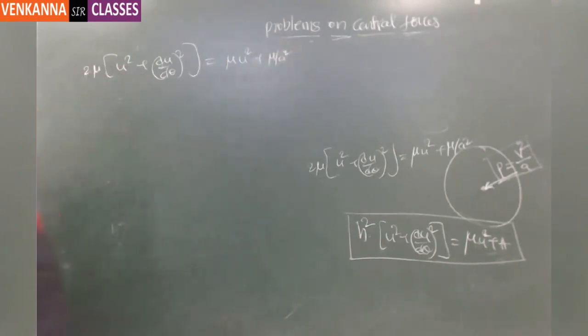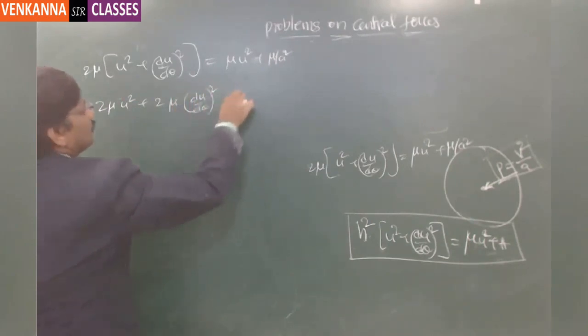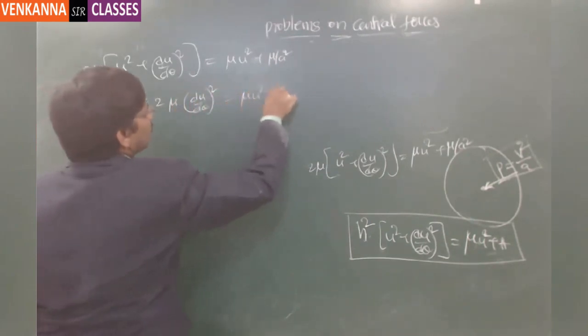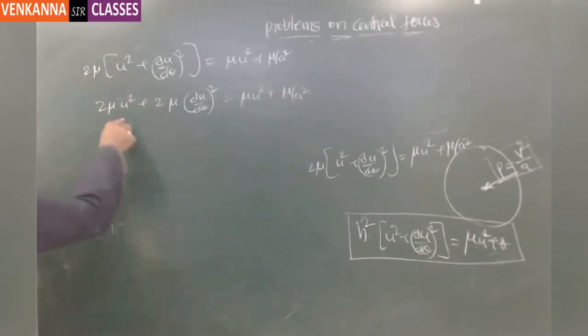So this is the differential equation. Now from this, 2 mu u square plus 2 mu (du by d theta) whole square equal to mu u square plus mu by a square. So 2 mu u square and this is mu u square.